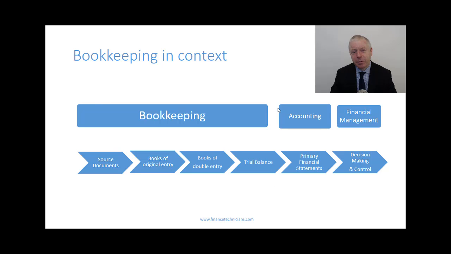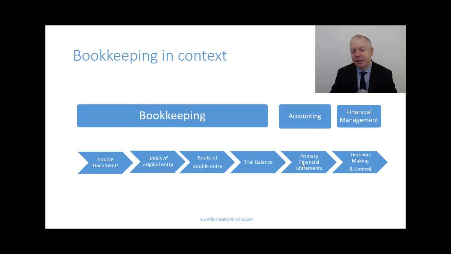This really is what we'll be covering on the bookkeeping course from the syllabus in level 1 and level 2, and then in the other parts of the syllabus, the accounting and finance section, we'll be covering off these two areas. But just to let you know and be aware that the bookkeeping system follows on to the accounting system, and the accounting system endeavors to create information from all this raw data that's contained in these particular items here.